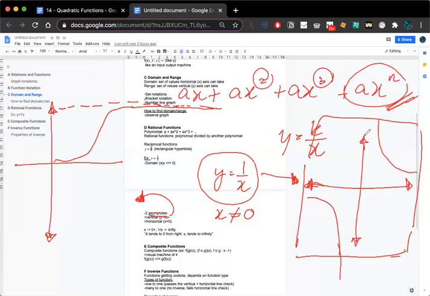The vertical asymptote is where x is trying to approach 0, but not quite reaching 0. And for the horizontal asymptote, it's where the y value is trying to approach 0, but not quite reaching 0 yet.